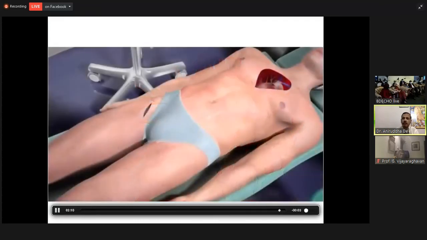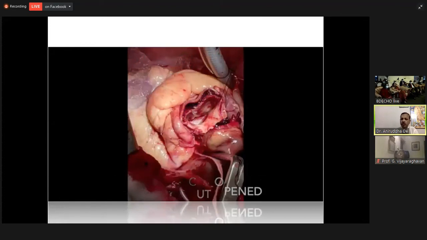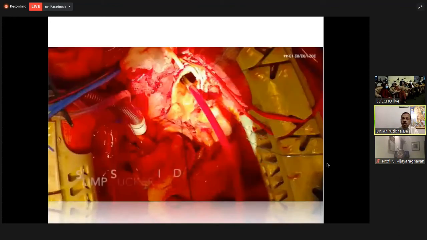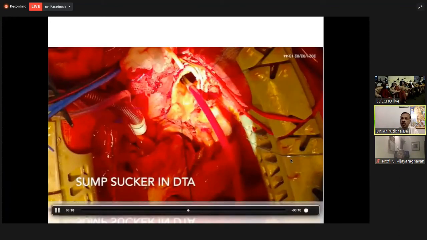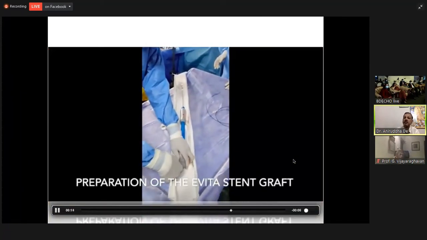You can see this is the open procedure, where first the ascending aorta was cut open, and then a sucker was placed into the DTA, and then preparation of the E-vita stent graft.